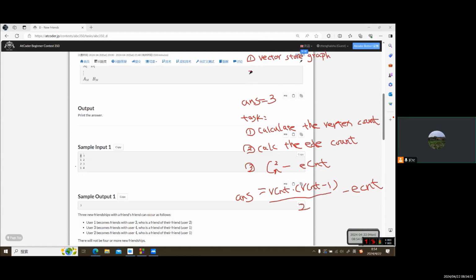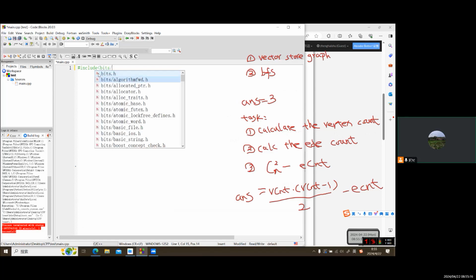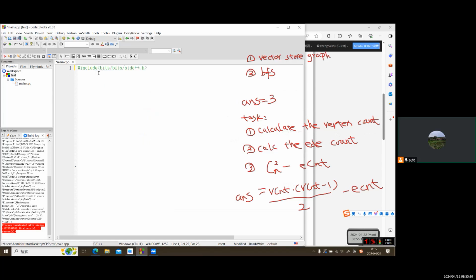And the second, we can calculate the vertex count and the edge count by breadth first search. Okay, now let's code. Bits, using namespace std.